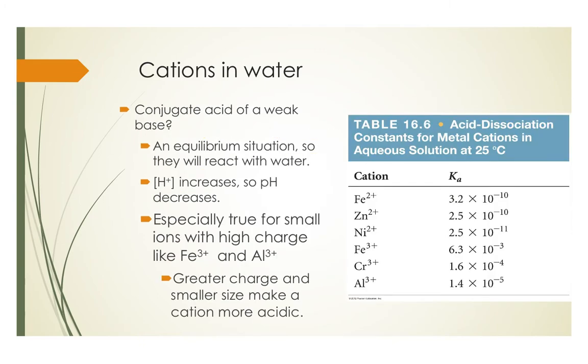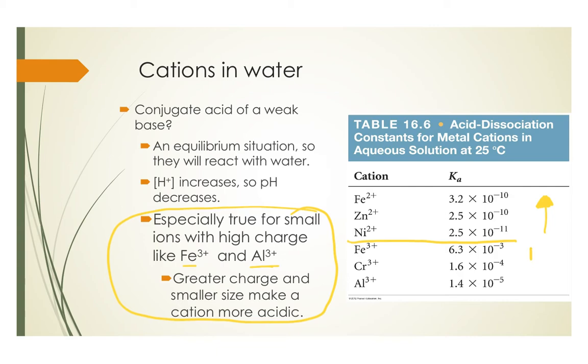This is especially noticeable for small ions with a high charge, like iron or aluminum. You'll notice over here, we've got some 2+ ions above the line that also tend to be relatively larger ions.